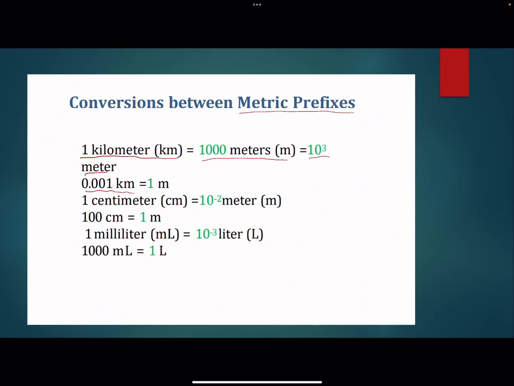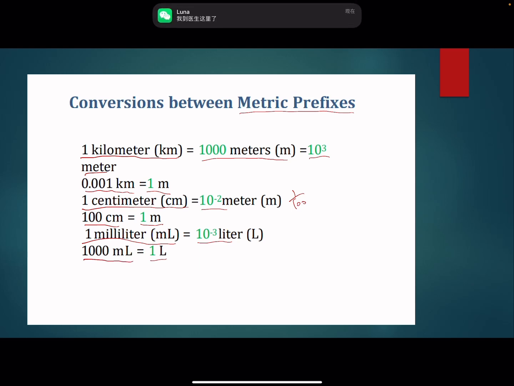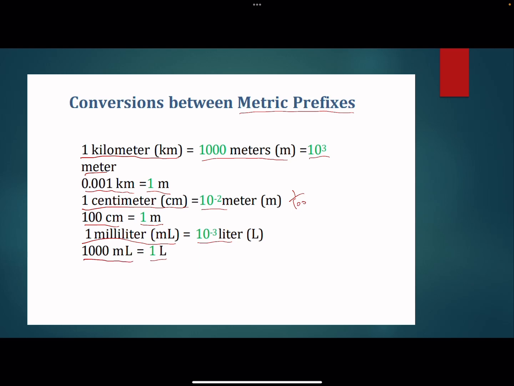So 0.001 kilometer equals 1 meter. 1 centimeter is 10 to the minus 2 meter, which is 1 over 100. 100 centimeters is 1 meter. 1 milliliter is 10 to the minus 3 liter. And 1,000 milliliters is 1 liter.